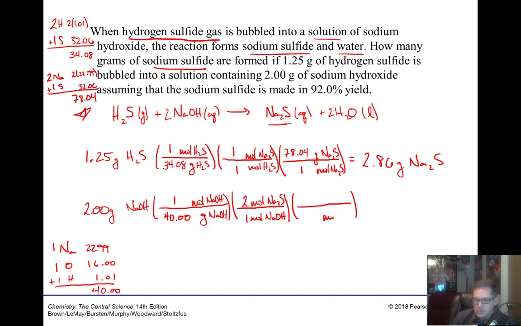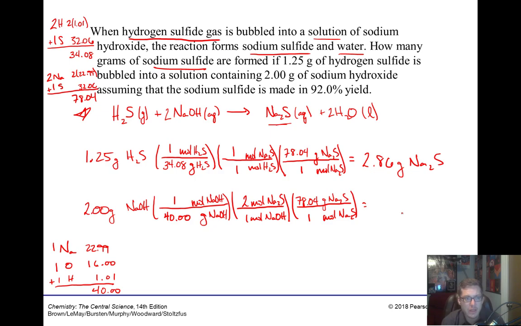Thank goodness this step is exactly the same as the one right above it: 78.04 grams of Na2S. So we take 2 divided by 40 times 2 times 78.04.